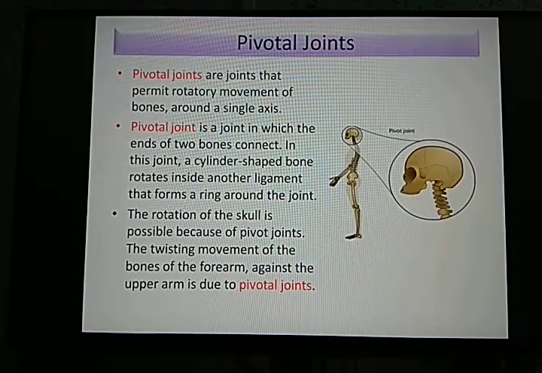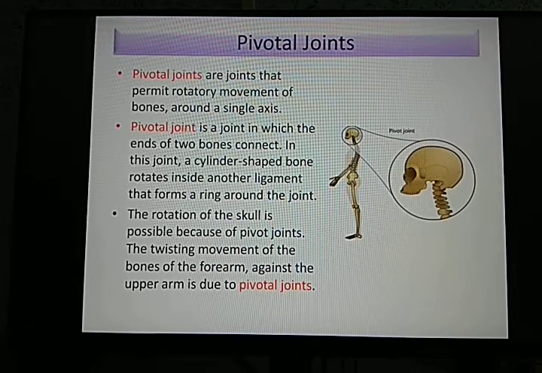Here, as you can see, the skull is connected to our spinal cord through a joint called a pivotal joint. Our spinal cord is cylindrical in shape, and it is connected to a cavity inside our skull.